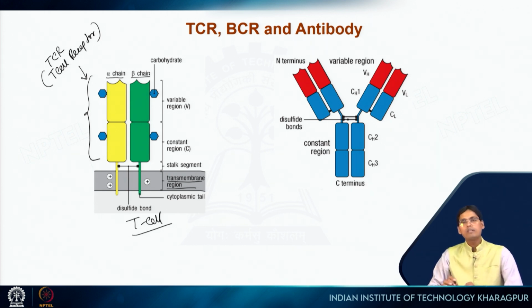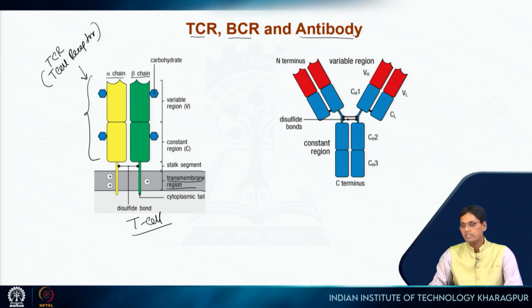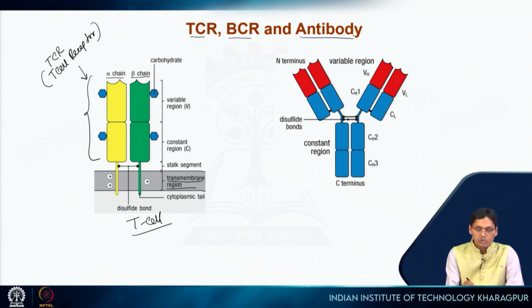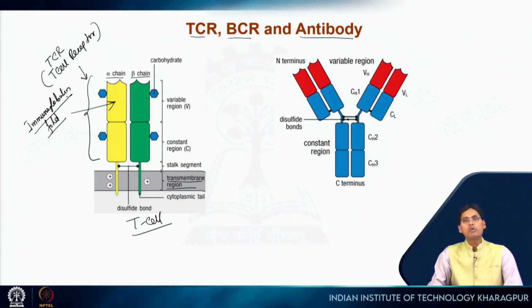But one of the most interesting things here is that whether we are talking about TCR or BCR or an antibody, you will see that those proteins are made up of a unit called the immunoglobulin fold. Okay, immunoglobulin fold. Immunoglobulin is the other name of antibody.